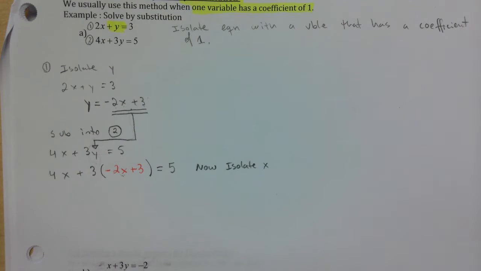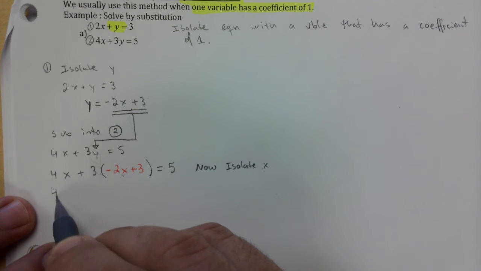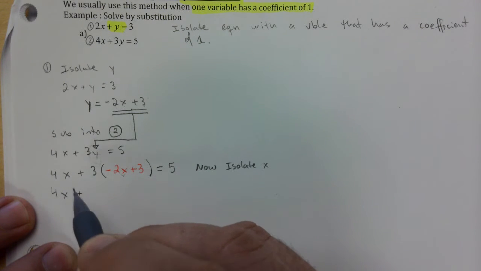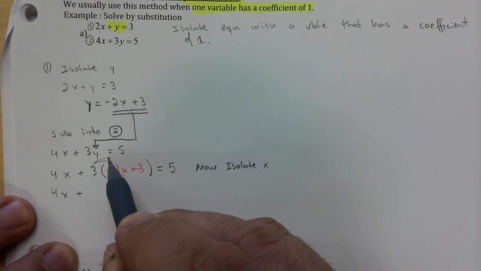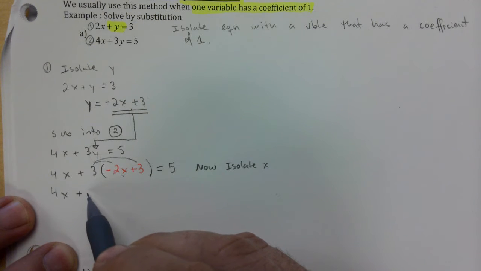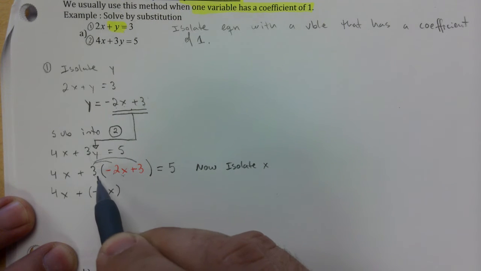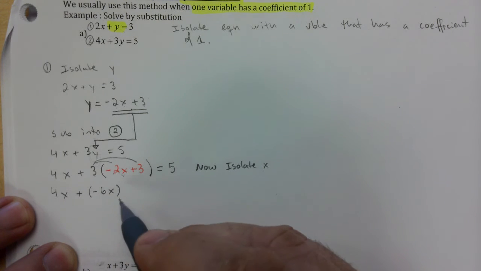So now you've got to apply the algebra rules. Distribute if you need to, and so forth. So 4x plus, we're going to distribute this. 3 times negative 2x would give you negative 6x. Let's put that in brackets, because it's negative.